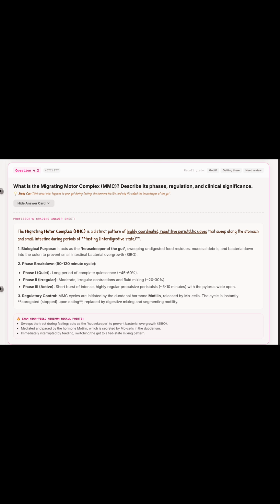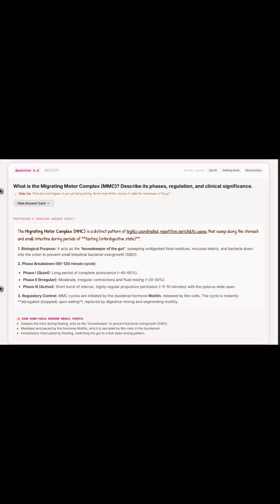So, what is the biological purpose of it? So, this acts like the housekeeper of the gut. It acts as a mechanical broom that sweeps residual indigestible debris and mucosal cells, secretions, and bacteria out of the stomach and small intestine into the large intestine, and prevents small intestinal bacterial overgrowth.